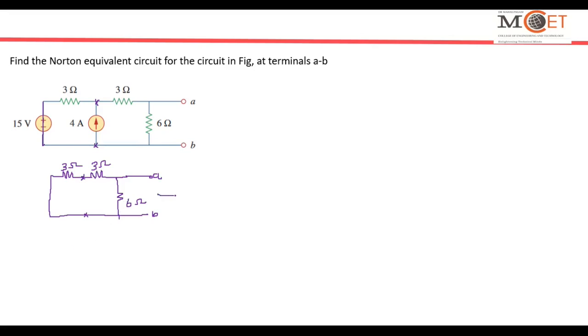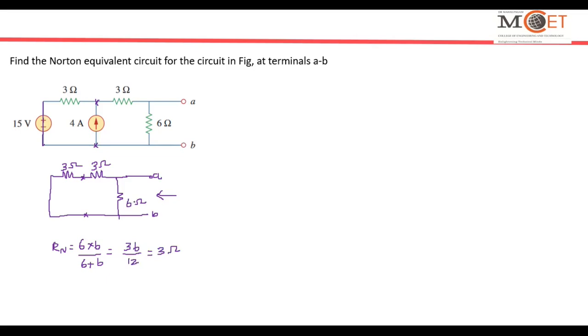So when I look from this side, this is in parallel with these two resistances in series. So RN is equal to 6 into 6 divided by 6 plus 6, which is 36 by 12, which is equal to 3 ohms. So Norton's resistance for the given problem is 3 ohms.